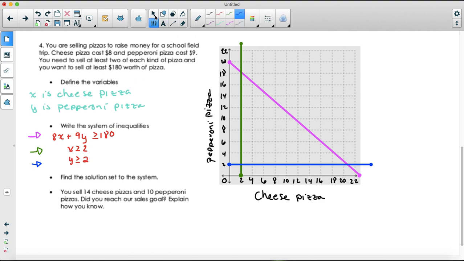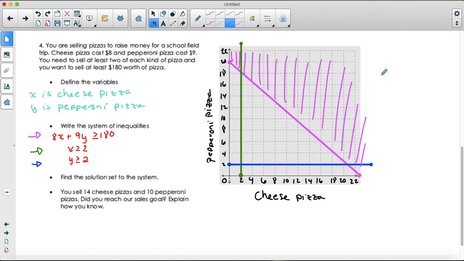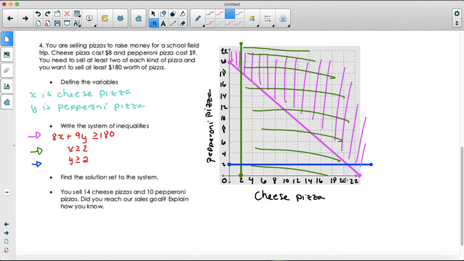So now we can shade. So for the pink, we want it to be greater than 180, so we want it to be more than the pink line. For the green, X is greater than or equal to 2, so I need to be more than 2, so I need the green to be towards the right. For the blue, the Y is greater than or equal to 2.